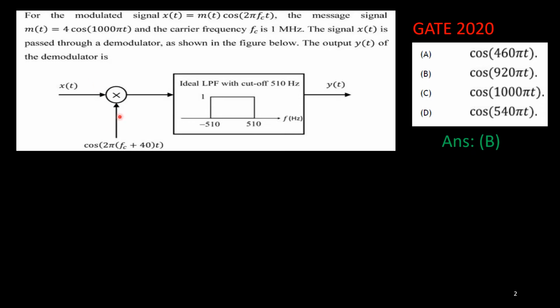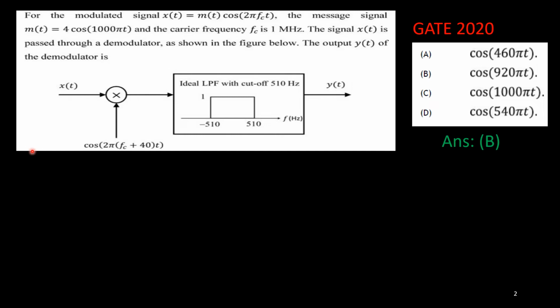It is multiplied with this, and then it passes through a low pass filter with bandwidth 510 hertz. So positive and negative, it is minus 510 to plus 510 with amplitude 1. So this is the ideal low pass filter. The cutoff frequency is 510 hertz. Then the question is, what is the output of this low pass filter?